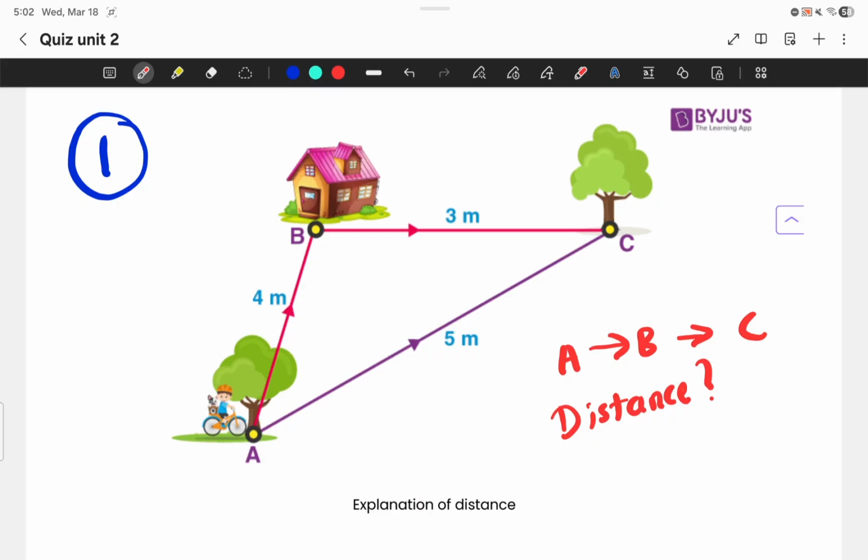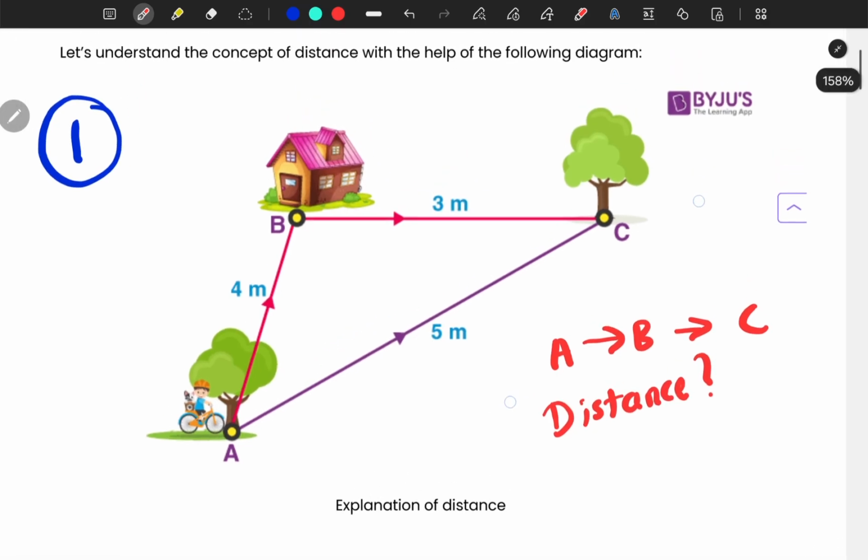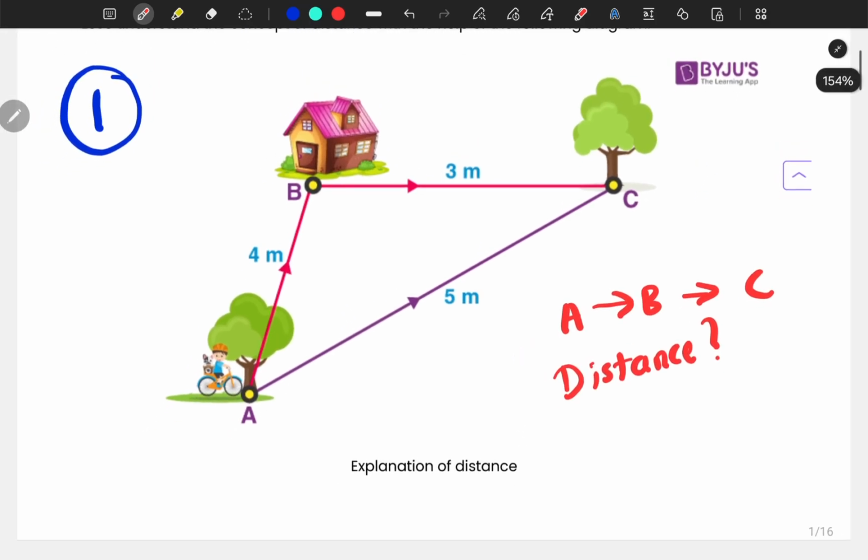First I'm showing the questions to you, so you can look at what the question is. If you want to work it out by yourself without listening to my explanation, go ahead. So pause the video and find out what is the distance of this boy when he traveled from A to B to then C.